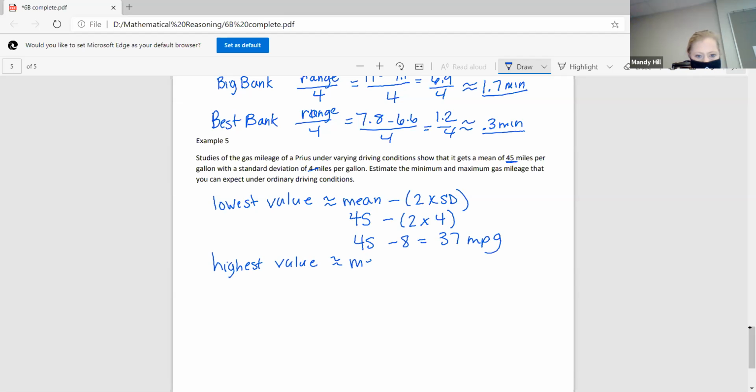We're going to take our mean. Instead of subtracting 2 standard deviations, you're going to add 2 standard deviations. So we would start out with 45 plus 2 times 4. And that's going to be 45 plus 8, which is going to get us 53 miles per gallon.